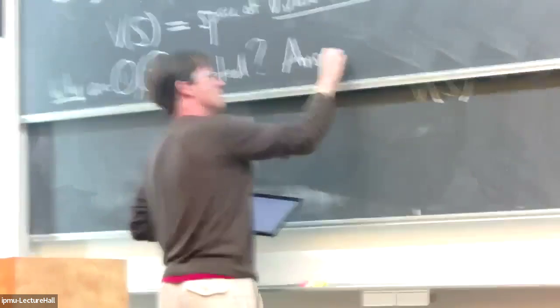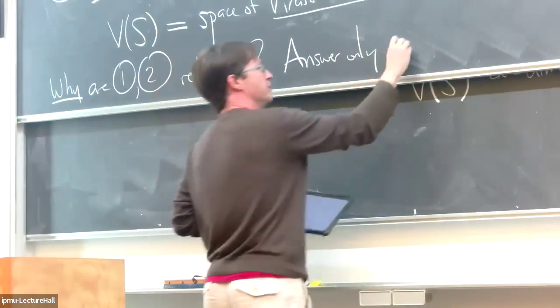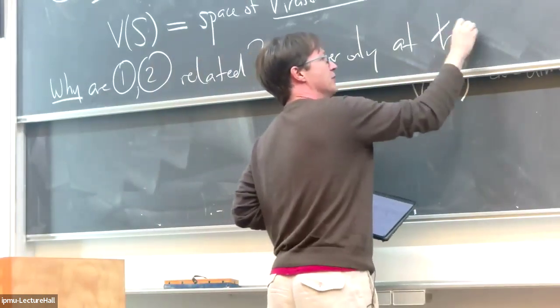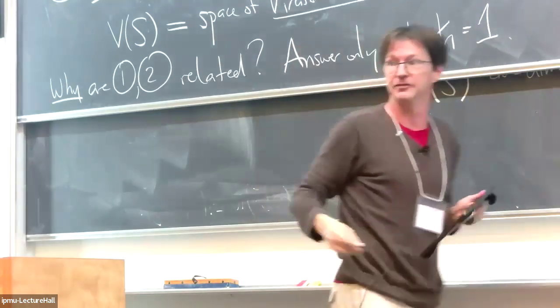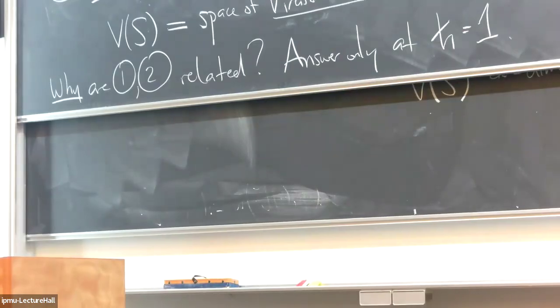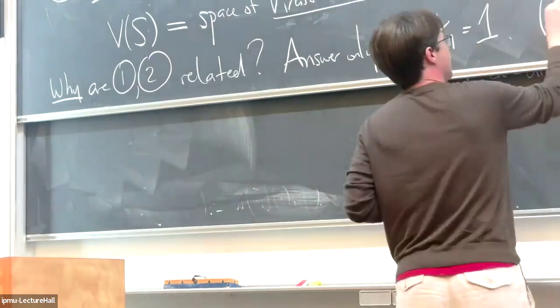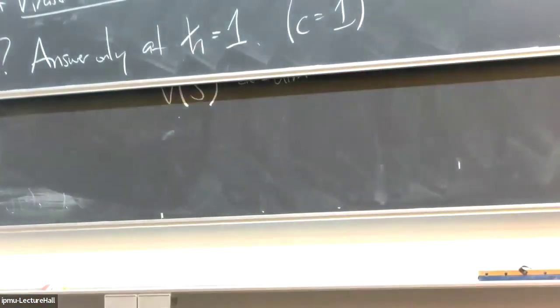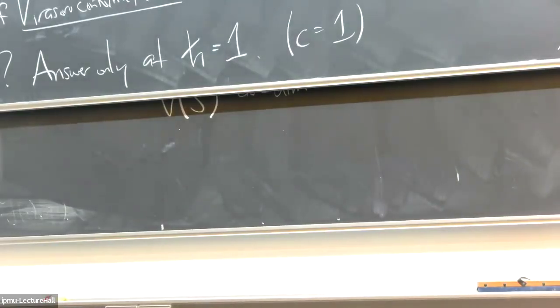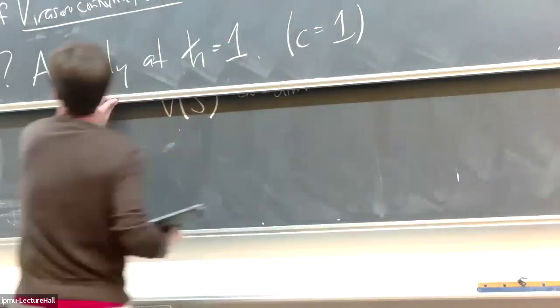So far, unfortunately, only for one value of h bar. So far, we answered the question only when h bar, the quantization parameter, is equal to 1, a very special value. We'll see why. In the language of Virasoro, that corresponds to the central charge being equal to a particular value. Okay, so that's one goal.